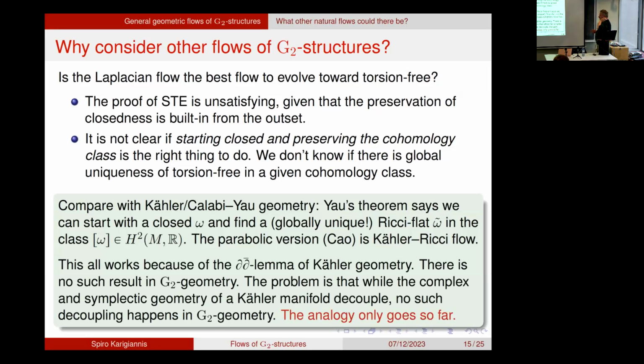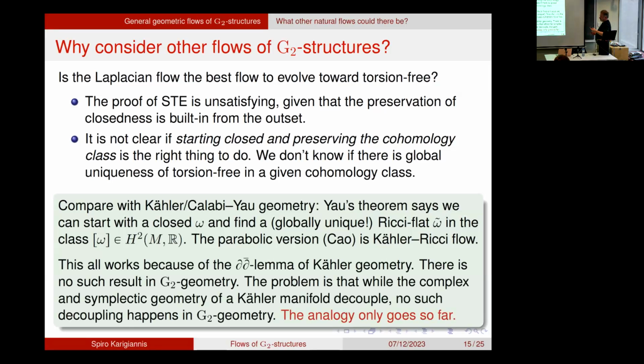One reason why this is more tractable, though it's very, very difficult, is that it has a feature that is not present in G2 geometry: you have the ddbar lemma. So you can reduce things from first-order systems to a single second-order equation, right?